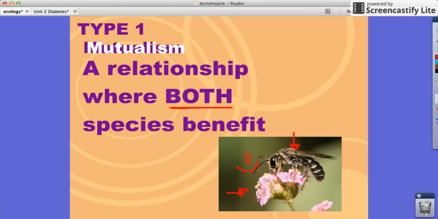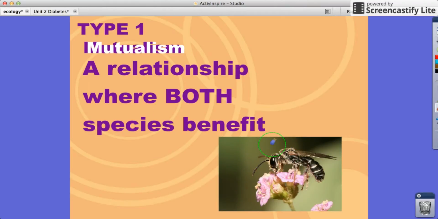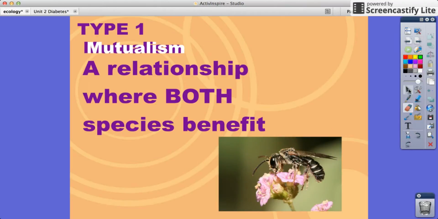Some of it's going to fall while he's going back to his nest, and that allows more of that species of plant to thrive. So it is a way for plants to have their specific species continue to be diversified and spread out throughout that ecosystem, which is, for plants, a way for them to continue to survive and thrive since they're stationary organisms.